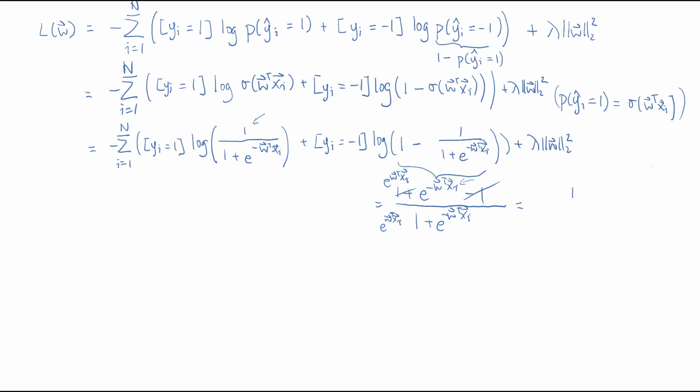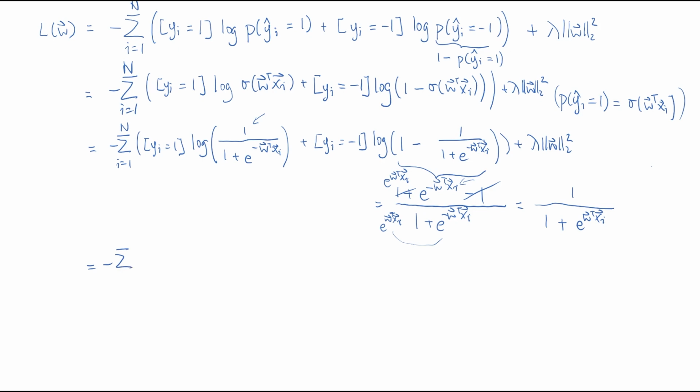And then the numerator will become 1. And the first term of the denominator will be e to the power of w transpose xi. And then these two will cancel out and give you a 1. Okay, so now we have finished simplifying inside the log.